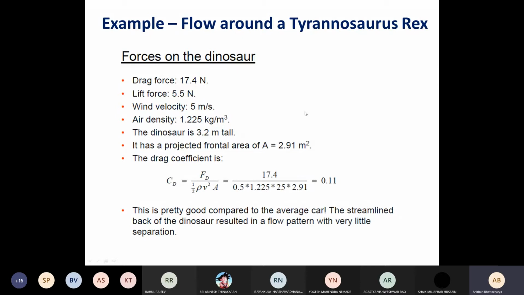For example, for this case, the drag coefficient needed to be calculated. So it can be calculated based on the drag force, which is again calculated based on the velocity components. And for this particular example, it came out as a very small drag coefficient, 0.11, which is similar to a streamlined car.